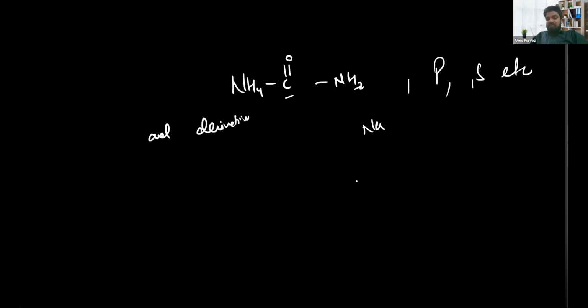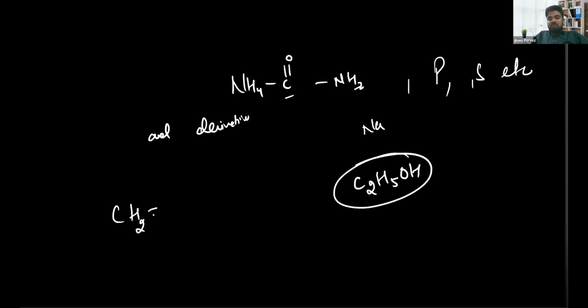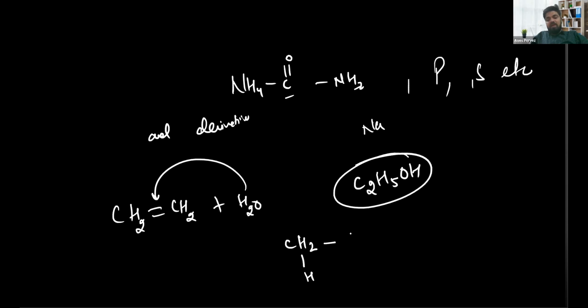For example, alcohol, C2H5OH, is an organic compound and it is a derivative of CH2 double bond CH2. When you add water, written as HOH, one H is added here and when the bond breaks, the freed valency takes the OH group.